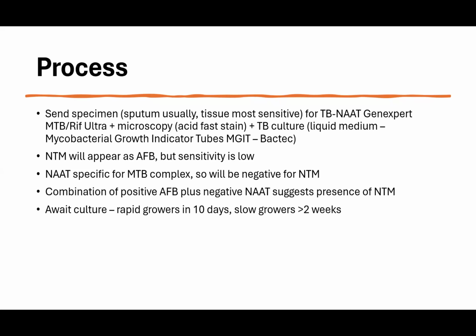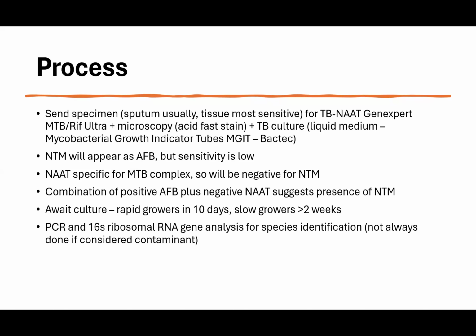The rapid growing mycobacteria can grow in as little as 10 days. Slow growers generally take longer than 2 weeks. And then once that grows, if that grows something, then they do a PCR and can do a 16S ribosomal RNA gene analysis for the species identification. But I stand to be corrected.